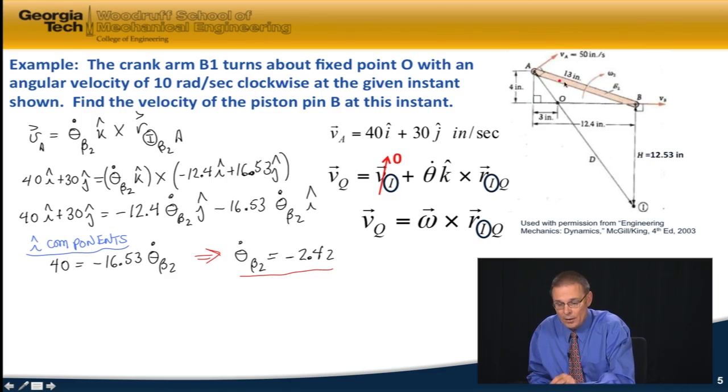Finally, we found the velocity of A. We found the angular velocity of bar B2. Now, using that angular velocity in the IC, I can find the velocity for any point on bar AB.